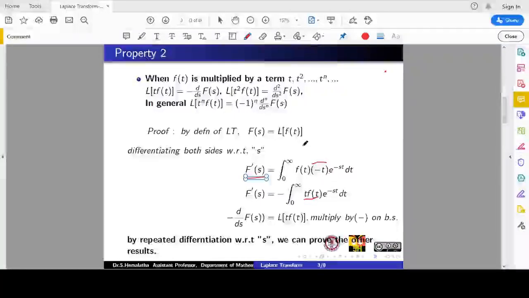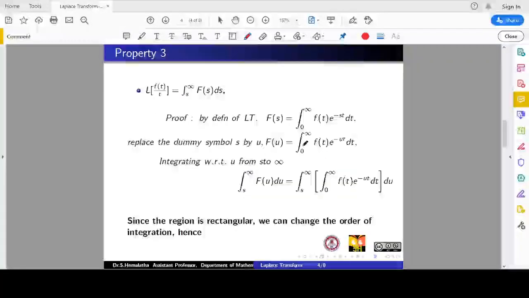Fine. So moving on to the next. We talked about multiplying by t. This is about the quotient by t. When you have a quotient by t, again it's an integral from s to infinity of F(s) ds. Just observe this: L of f(t) by t is the integral from s to infinity of F(s) ds.